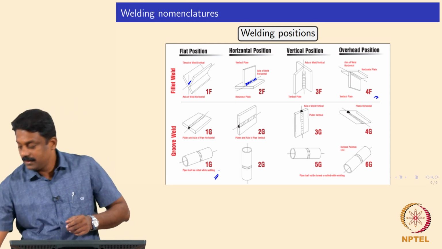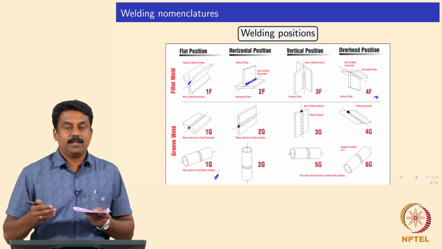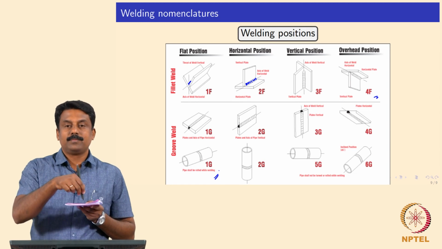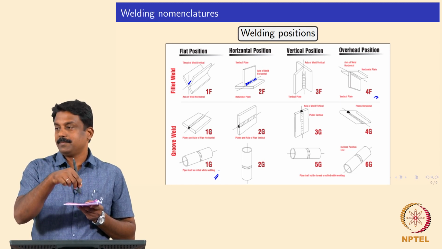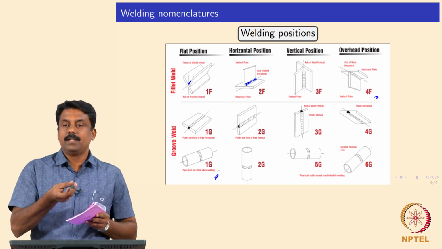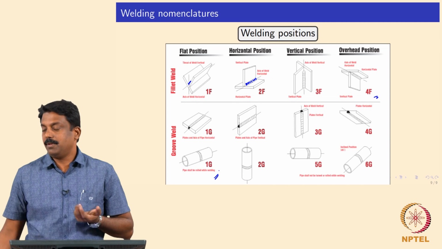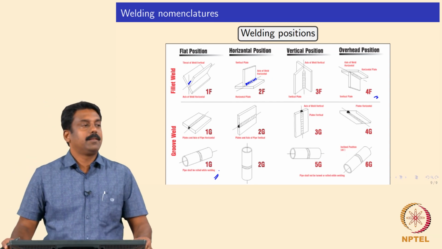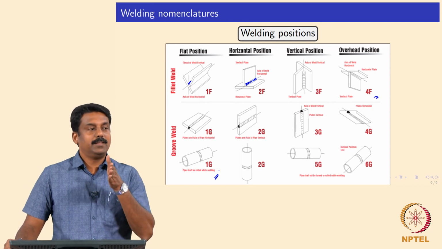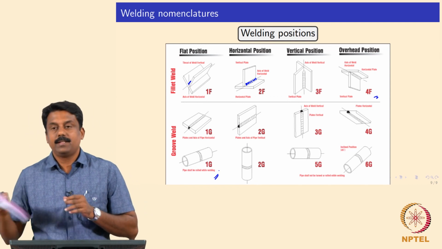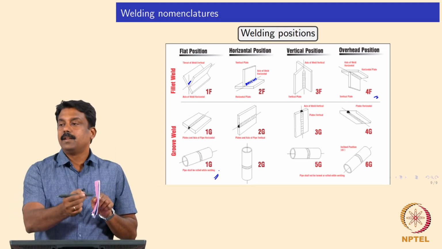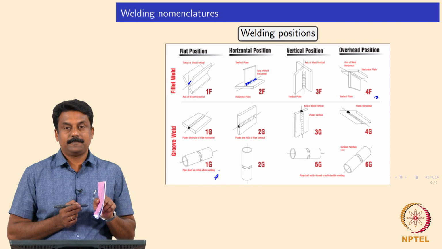Either you can have a flat plate and you fix the torch and whether the plate moves or the torch moves, that's also 1G. Or you can have a pipe, the torch is fixed and the pipe is rotating and you are filling the groove, that's also 1G, right. 2G is you keep the plate vertical and then do a weld in these configurations.